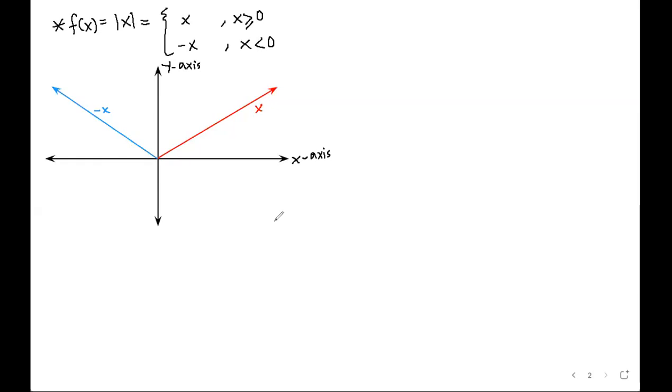So the vertical line test is a test I can use to check whether the graph satisfies being a graph of a function or not. Let me go to the next slide.